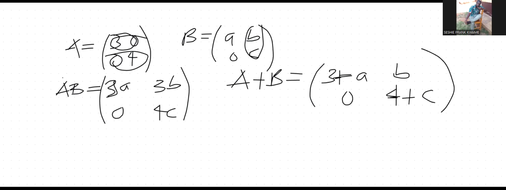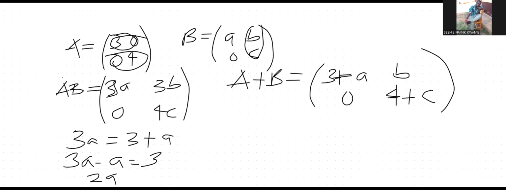So you can say 3A is equal to 3 plus A. So 3A minus A is 3. So 2A is equal to 3. So A is equal to 3 out of 2.